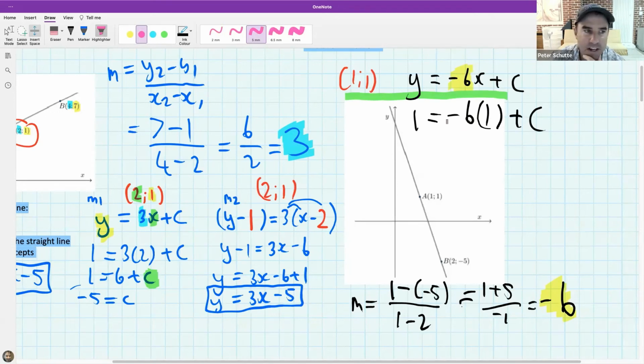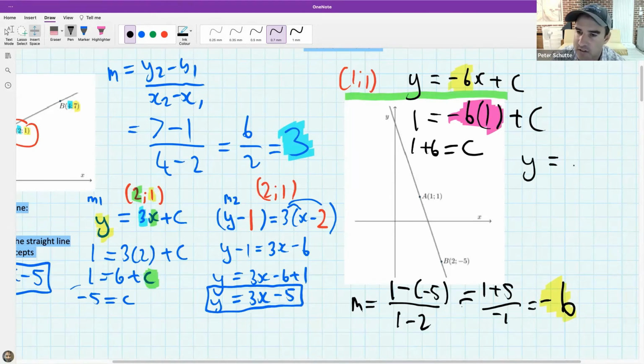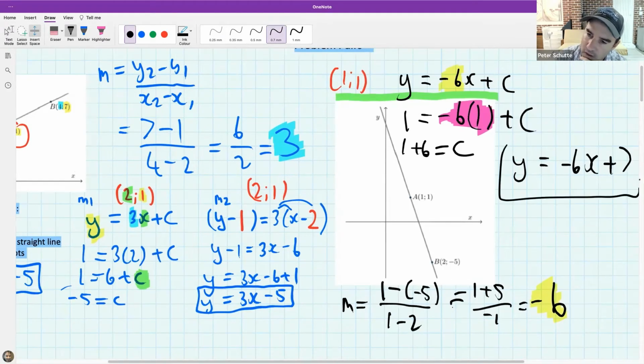Now, what do I do if I get minus 6? This minus 6 times 1 has to get moved to the other side. It becomes 1 plus 6. And so we know that the final answer is minus 6x plus 7. And what's more, that makes sense to me because it's got a negative gradient.